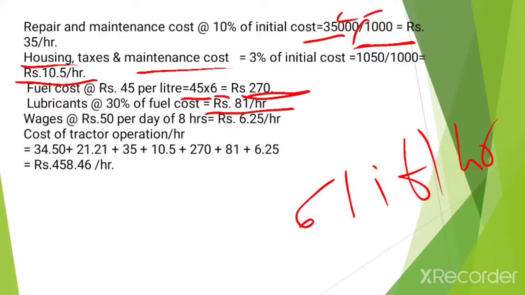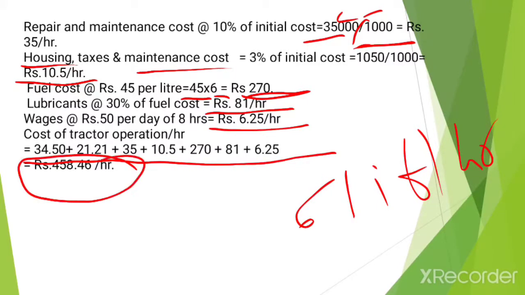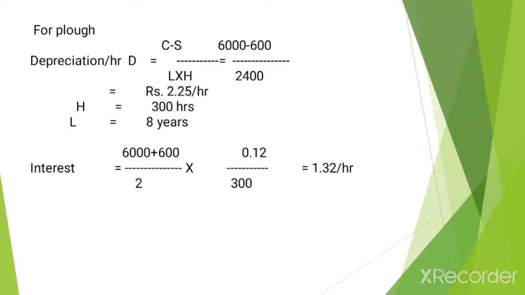Then wages are considered 50 rupees per day of 8 hours, so for 1 hour the cost will be 6.25 rupees. By adding all these values, the total cost of operation for the tractor per hour is rupees 458.46 per hour.